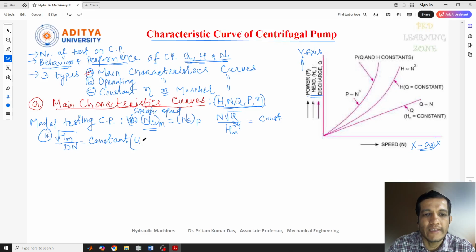Here I can write it shortly. We know that the tangential velocity is u = πDN by 60. This correlation we have seen many times. We also know that the tangential velocity is directly proportional to root over of manometric head, since u is root 2gH. Because π and 60 are constants, u is directly proportional to DN.